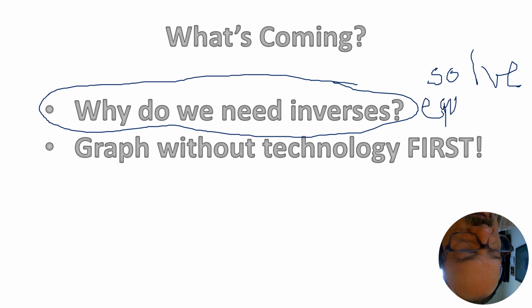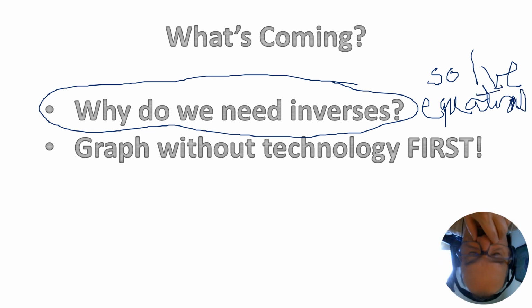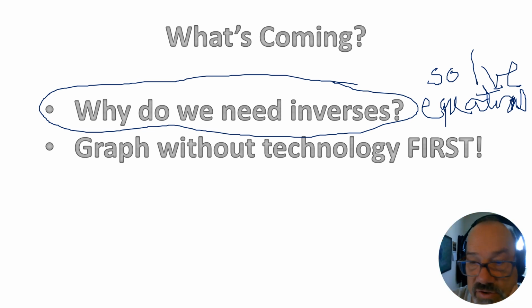All right. And if you remember, if we solve an x squared equation, we take the square root of both sides. If we solve a logarithm equation, we take the exponential of the base of both sides. So we need inverses to be able to solve equations. And we're going to do that with trigonometry as well.